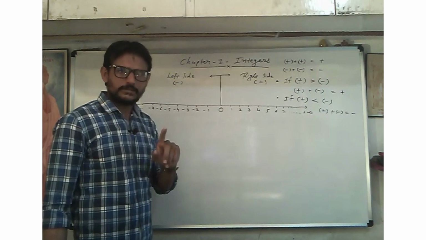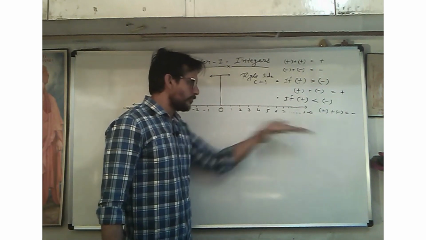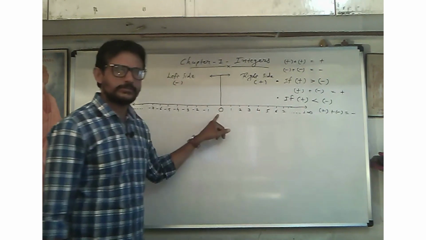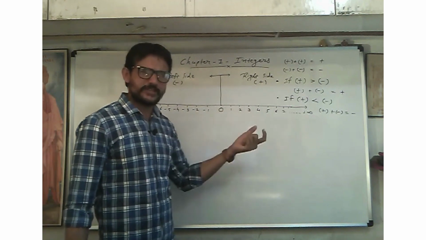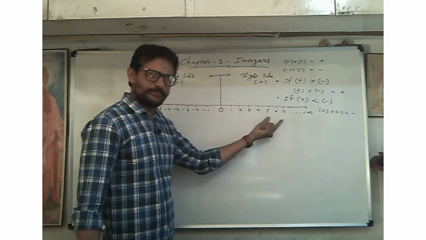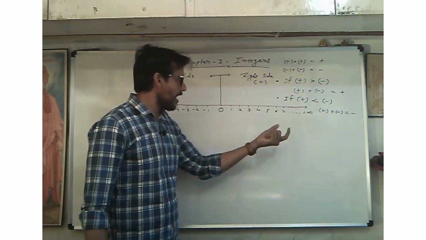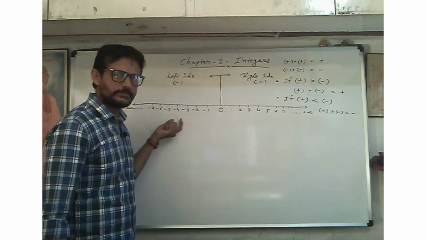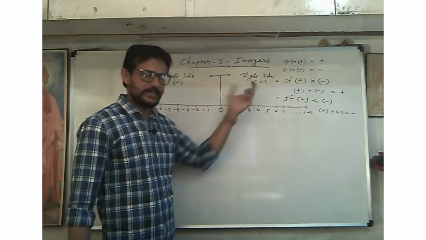I repeat, when you add a positive integer, you move to the right side from the center dot on a number line. When you subtract a positive integer, you move to the left side, the opposite direction of the right side.